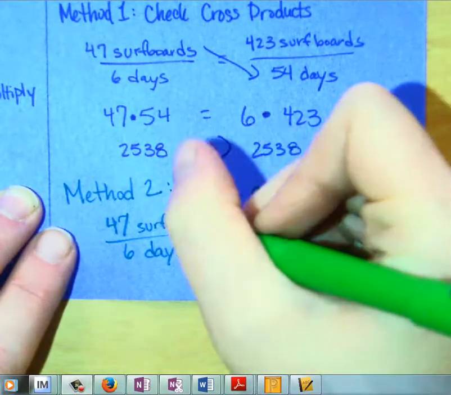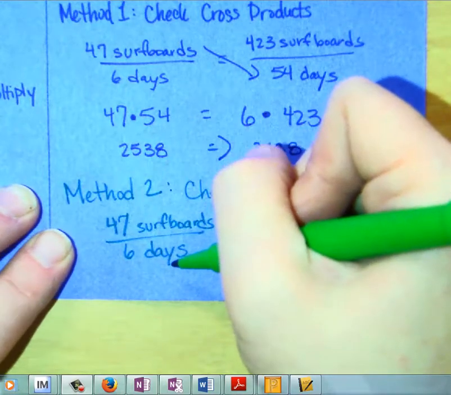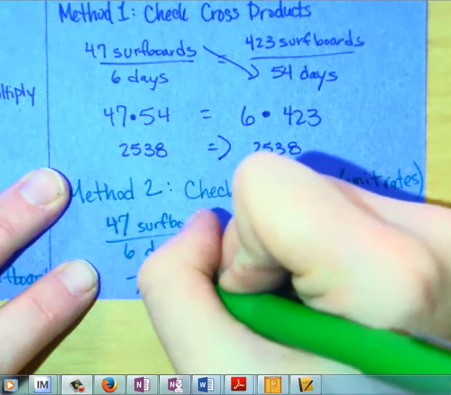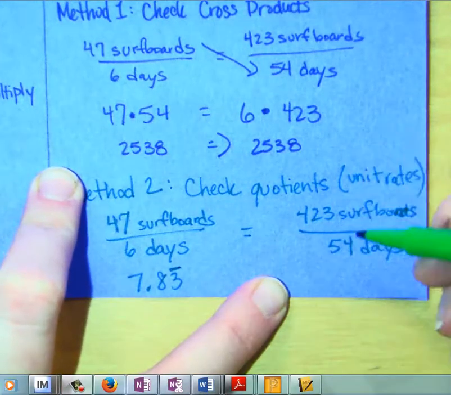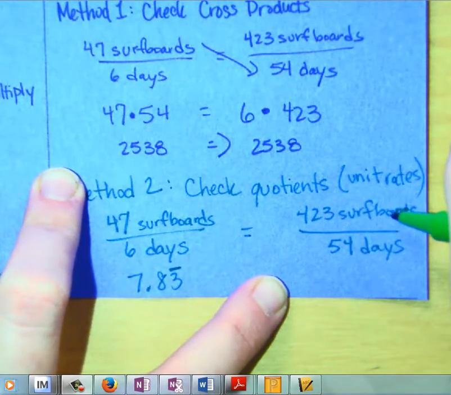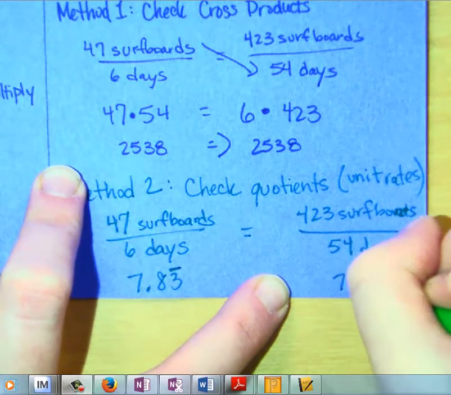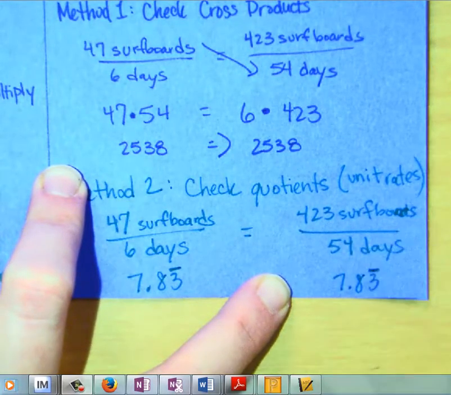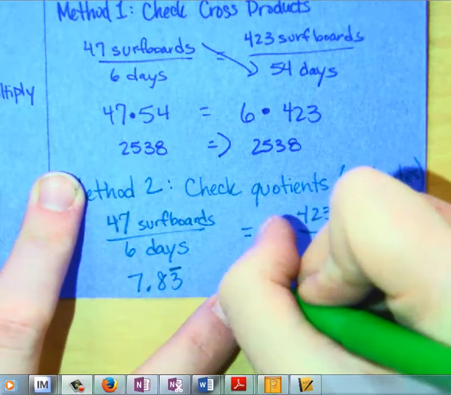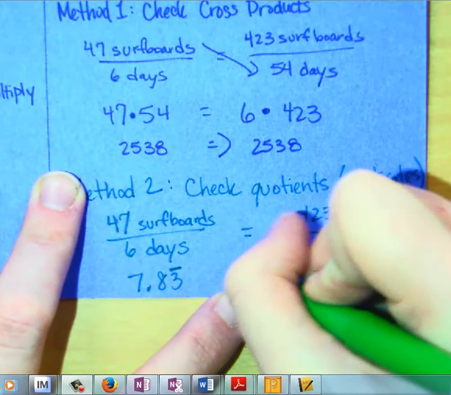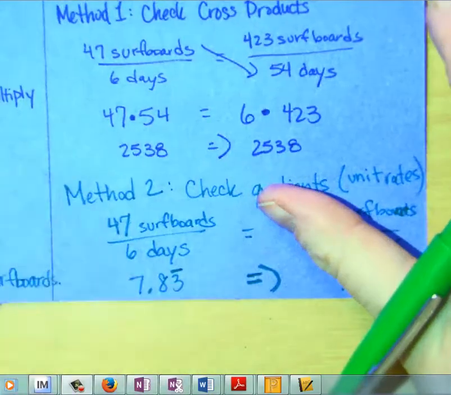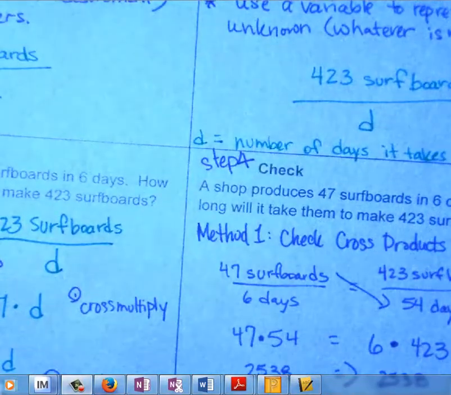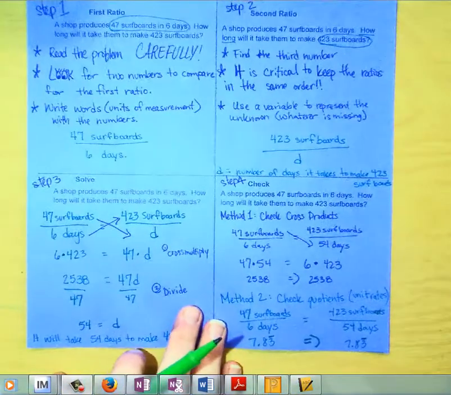When I divide 47 by 6, that gives me 7.83, and the 3 repeats. When I put in my calculator 423 divided by 54, I get 7.83, 3 repeating. So we still get the same thing, so that means we are fair and balanced. My answer is correct. So that's what that looks like.